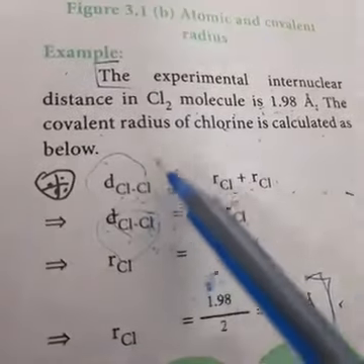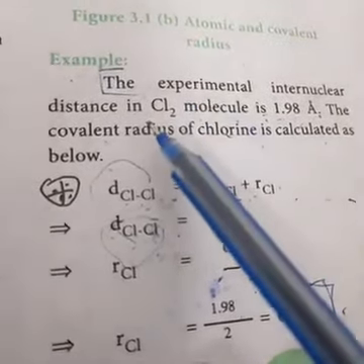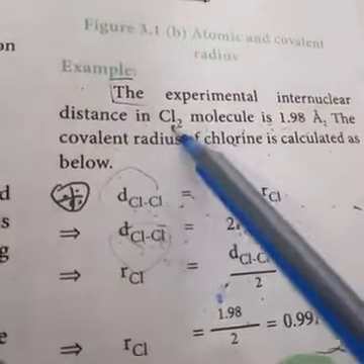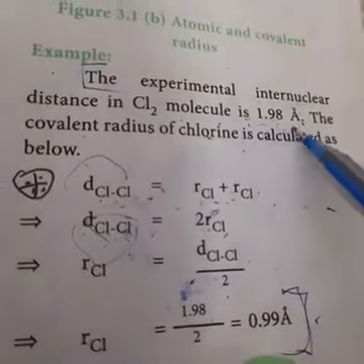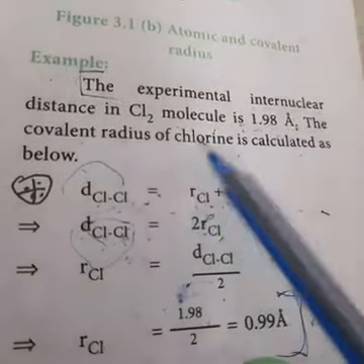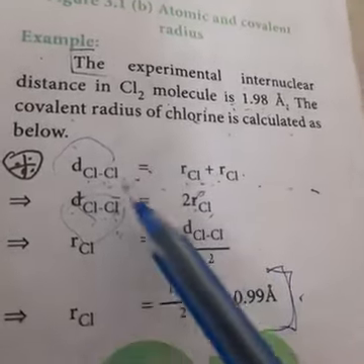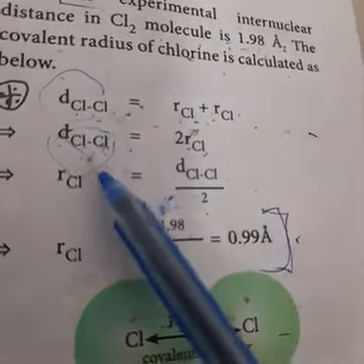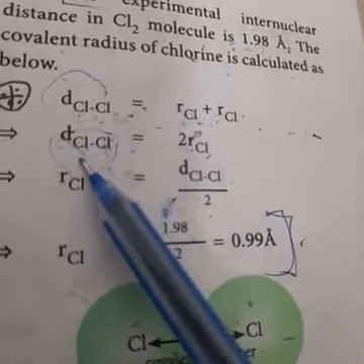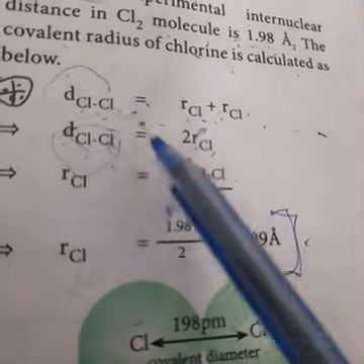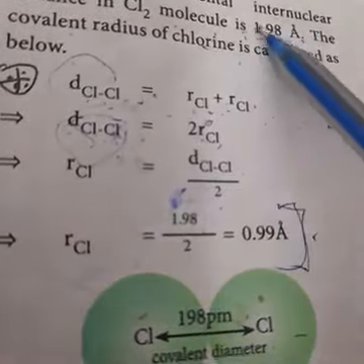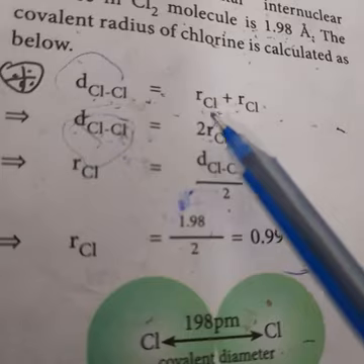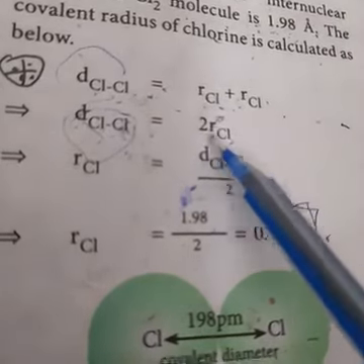And what is the third question? How to calculate the covalent radius of chlorine? There is an example here. The experimental internuclear distance in the chlorine molecule is 1.98 Angstrom. The covalent radius of chlorine is calculated as below. d(Cl-Cl) = r(Cl) + r(Cl). d(Cl-Cl) means the internuclear distance of the chlorine molecule, and the value given is 1.98 Angstrom. Understood? That is equal to 2r(Cl).